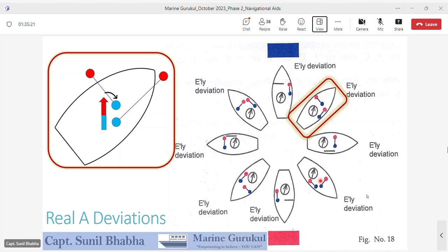Yeah, at every heading the amount of the deviation will be same, because even if there are two blue poles, the power gets distributed equally, and if there is one, it has that much power, so at all points it should be the same, right sir. That's right, beta. That is why you see coefficient A is independent of the ship's heading. Wherever the ship heads, the deviation due to A remains the same. Okay, sir.